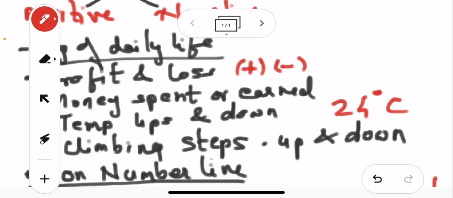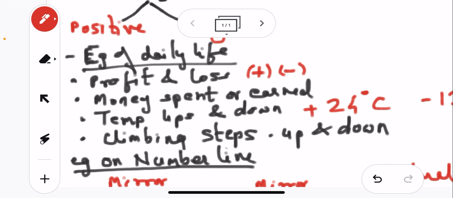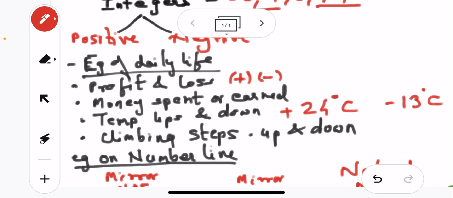But if I write plus 24, I know that the temperature is going higher, the temperature is up. If I write minus 13 degrees centigrade, that means the temperature is lower, or the temperature is down. Climbing steps up and down. These are a few examples where we use positive and negative integers.